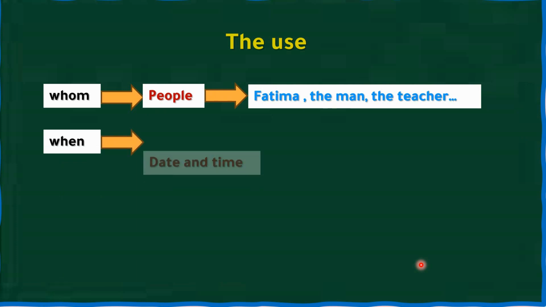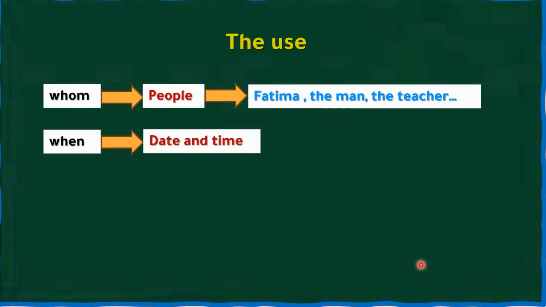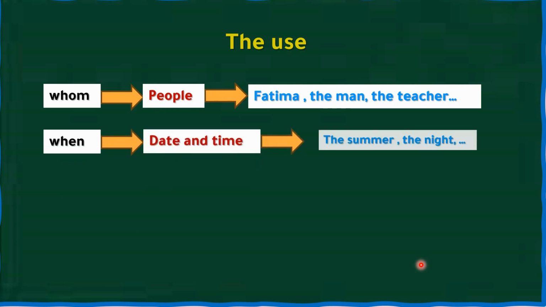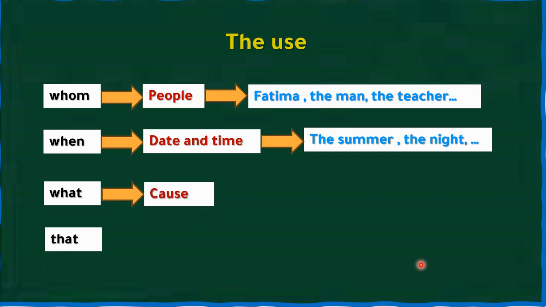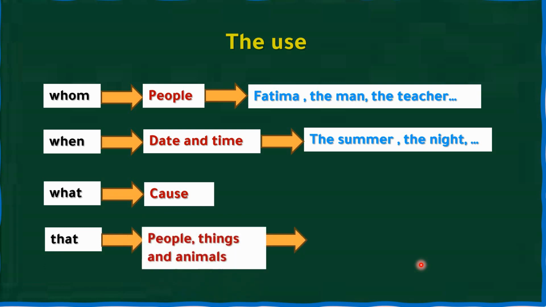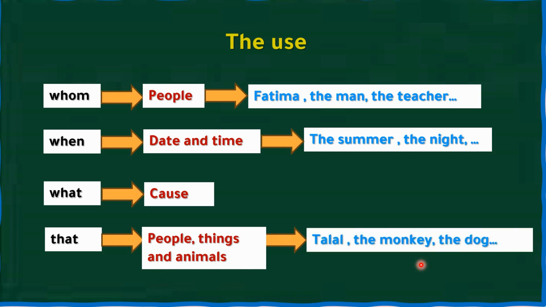When is for what? Date and time, the summer, the night, and so on. And we have what, it is for the cause. And we have that, it is for what? For people, things, and animals, like Talal, the monkey, the dog.